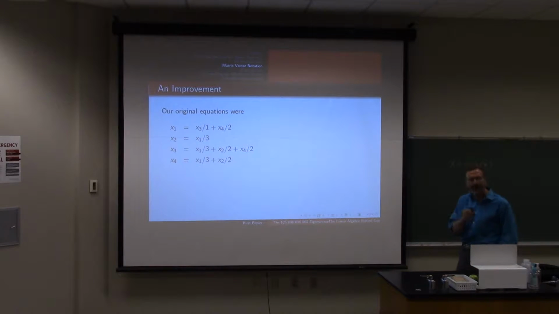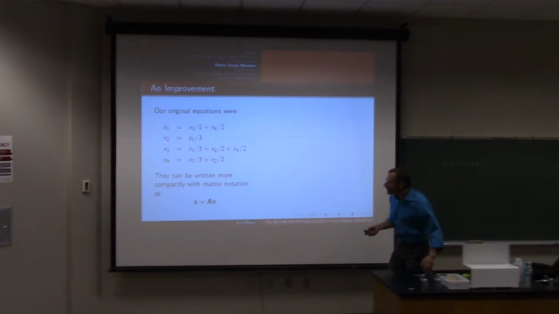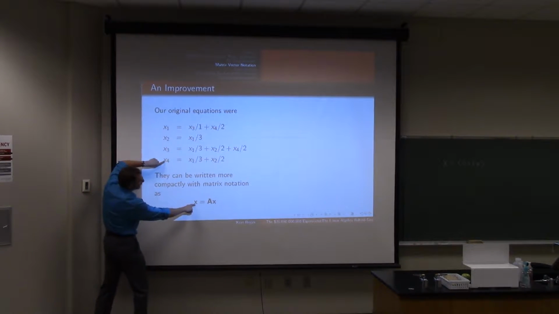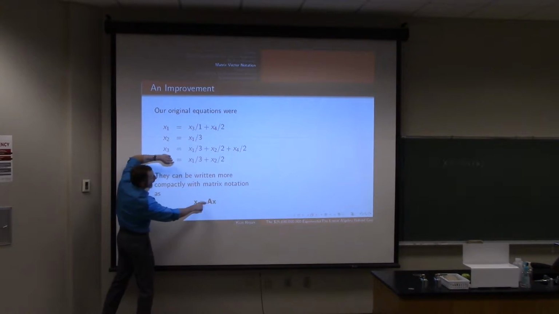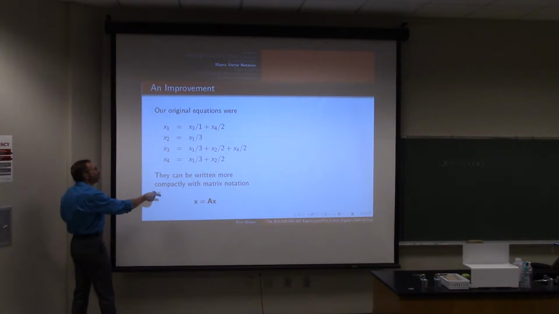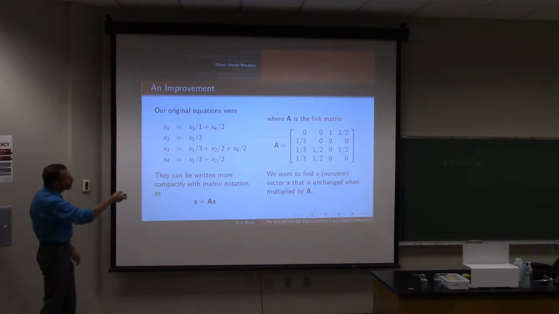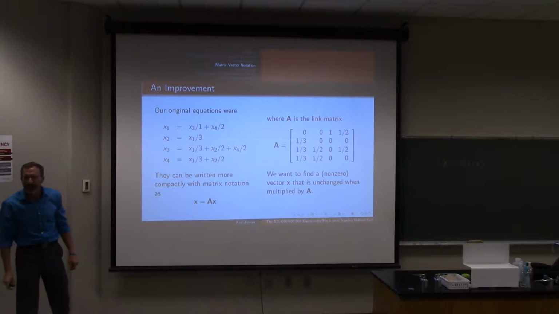So here, for example, let me show you. There are the 4 equations that came out of ranking our 4 web pages. If I were to write this in matrix notation, I would write this system more compactly as x equals A times x, where A is a matrix that embodies these 4 linear combinations. And there's the matrix here. I call it the link matrix in this case.